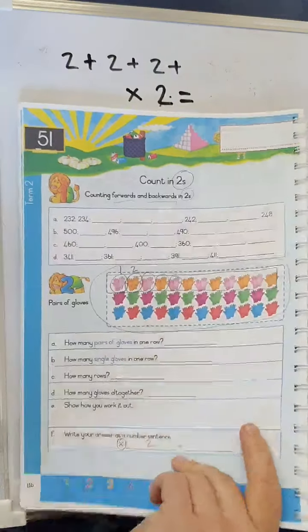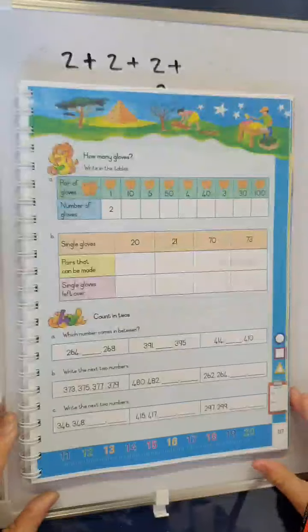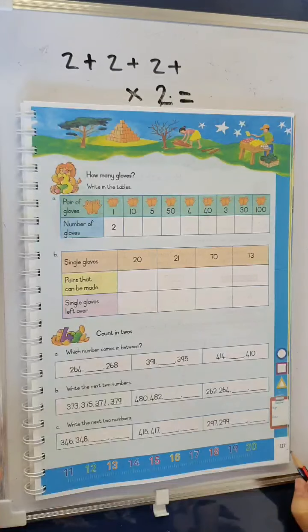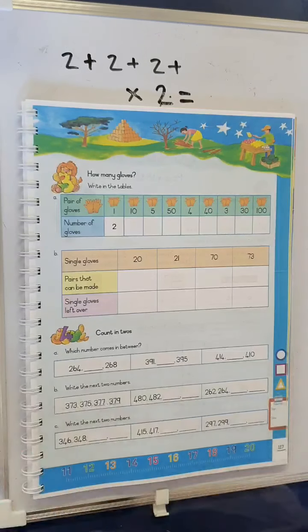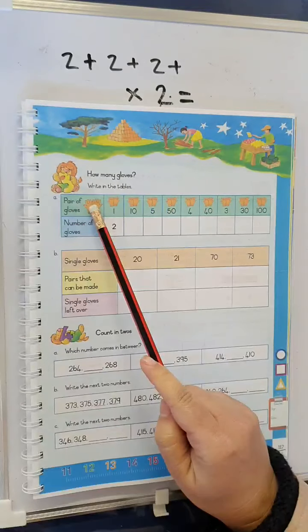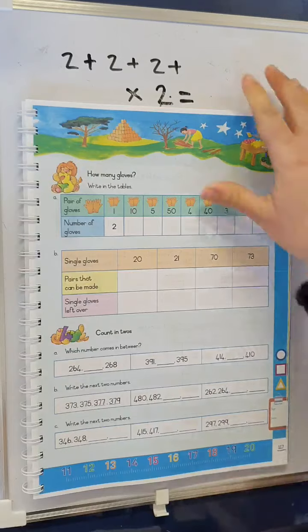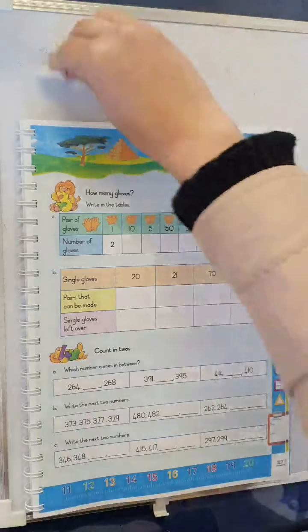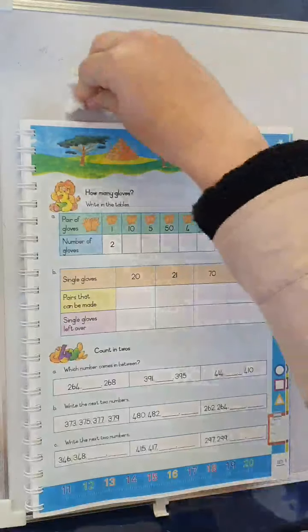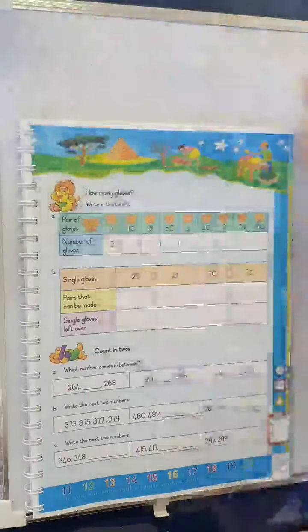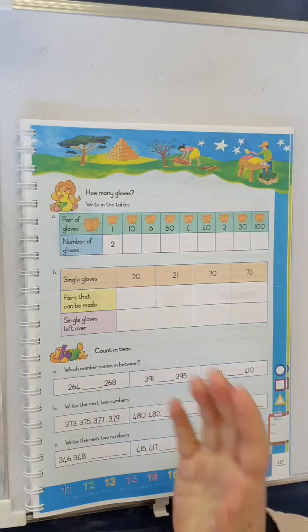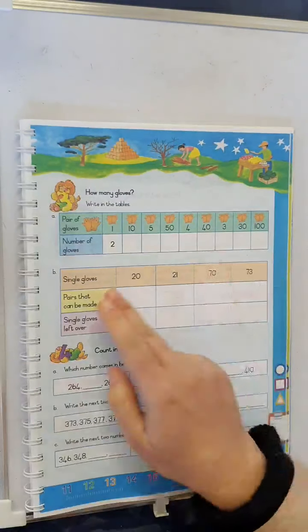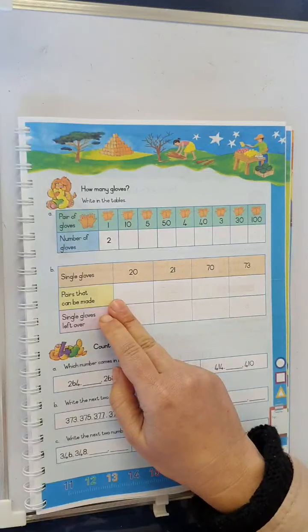Okay, then the last page of the day, the last page of the week, page 117. Okay, so we have pairs of gloves. We are continuing with the pairs of gloves because a pair means it's 2. The same as a pair of shoes. A pair of shoes means there are 2 shoes.